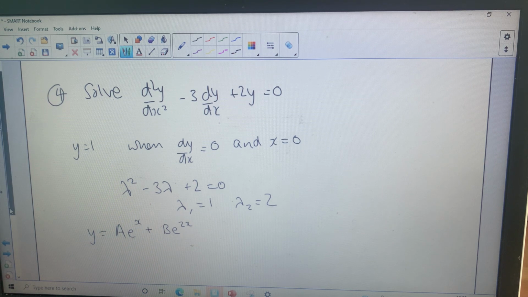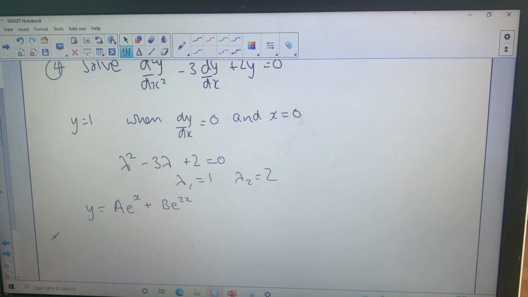But I want to find my values of A and B. So the first thing I'm going to do is I know that y is 1 when x equals 0. So I've got 1 is A e to the 0 plus B e to the 0. Okay? I now want to find dy dx, which is A e to the x and 2B e to the 2x.